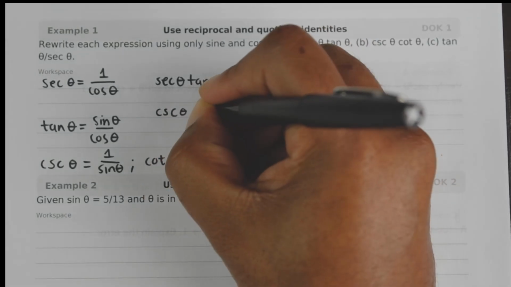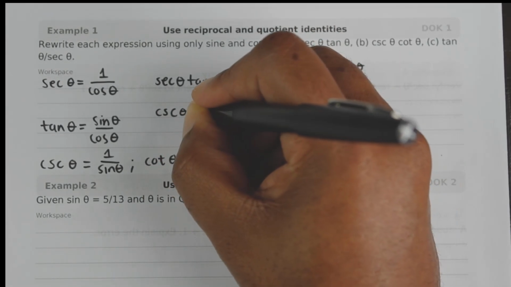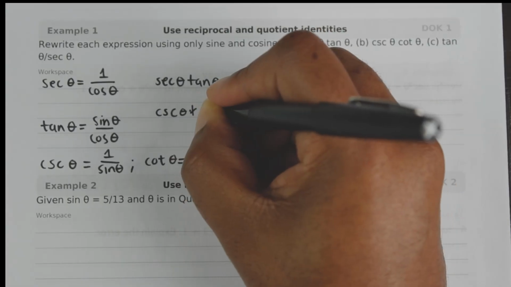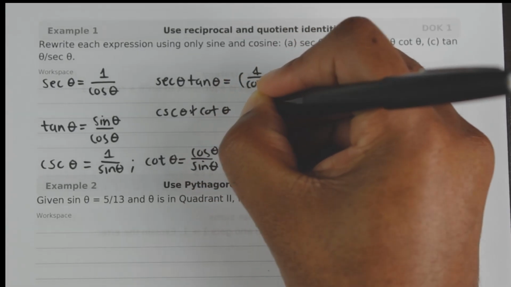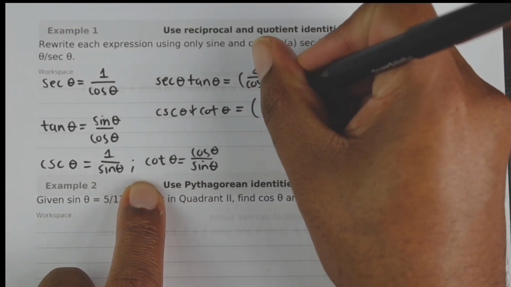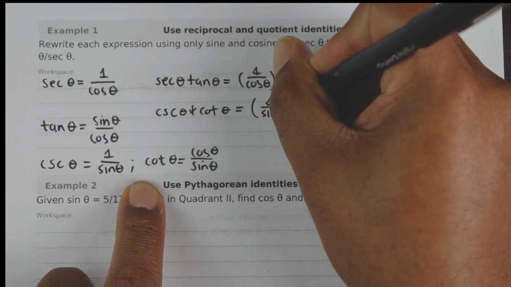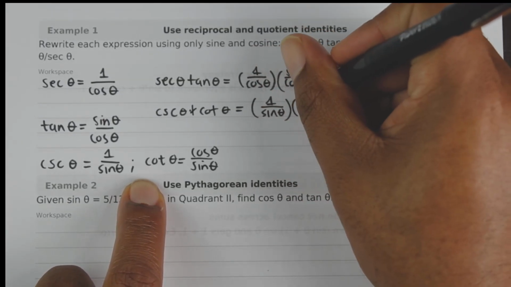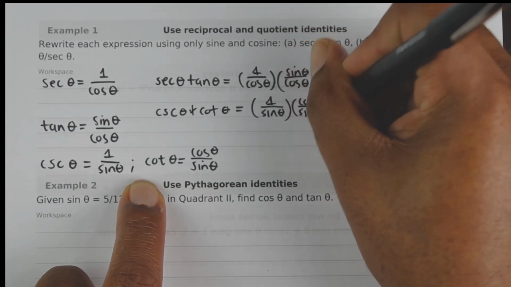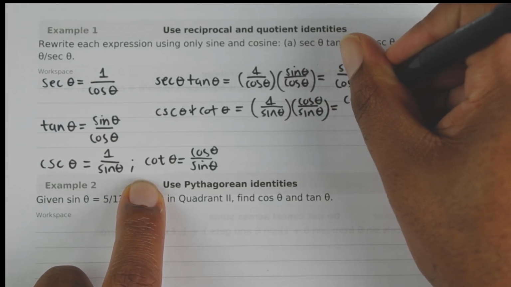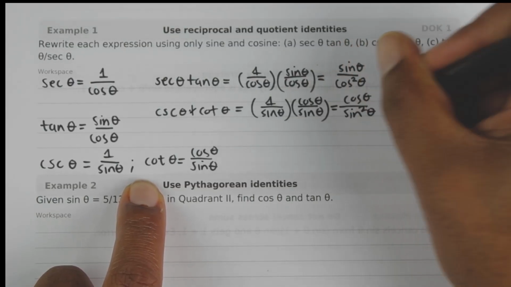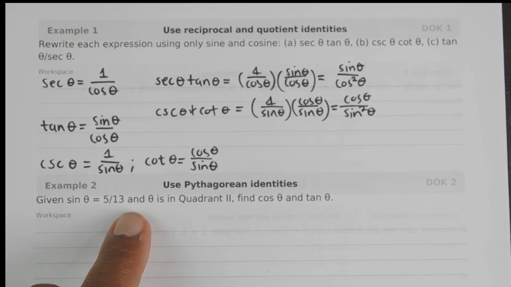Cotangent would be the multiplication of both of these two, so 1 over sine theta times cosine theta over sine theta, which would be cosine theta over sine squared theta.